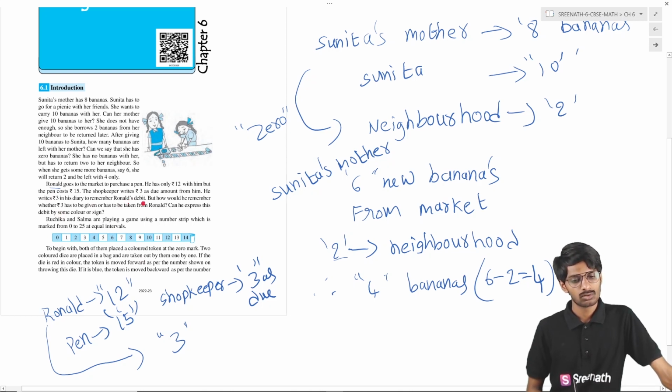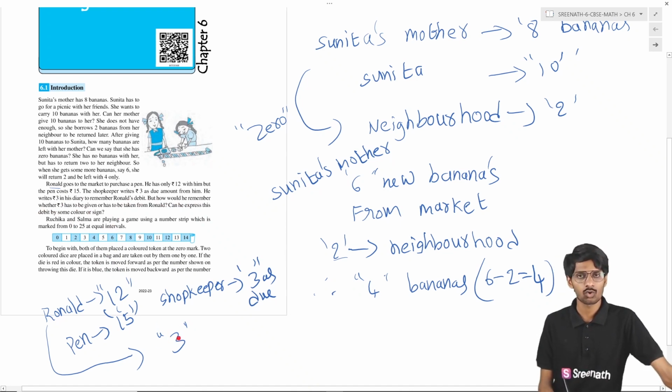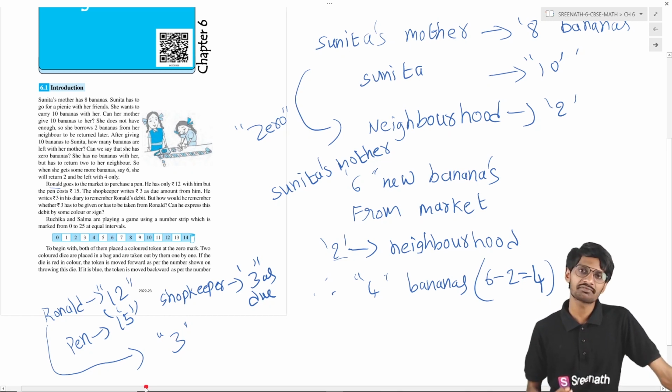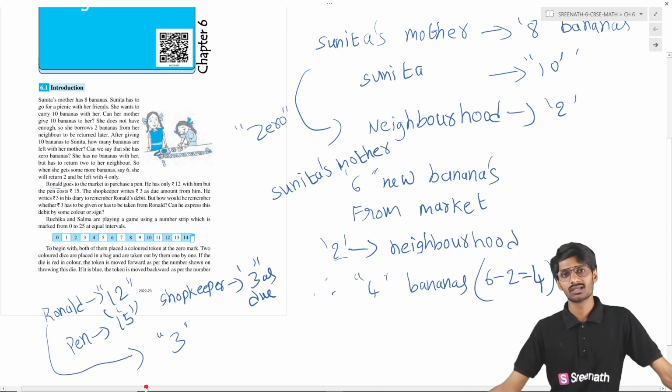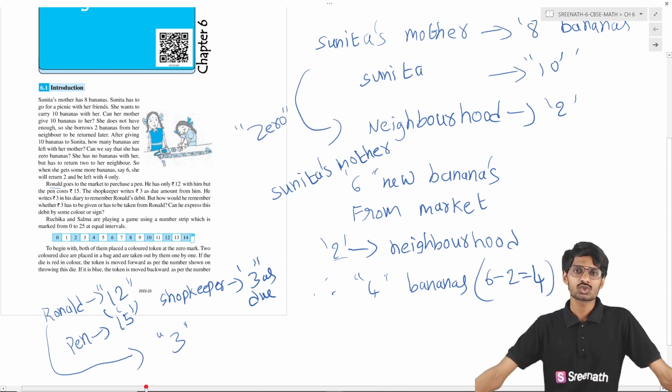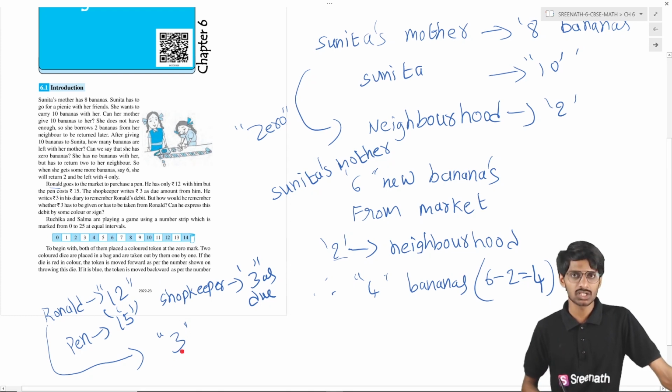But how would he remember what the 3 means? He had written 3 in his notebook, but after 1 day or 2 days, Ronald has forgotten it. He opened his diary and saw there is 3 rupees.